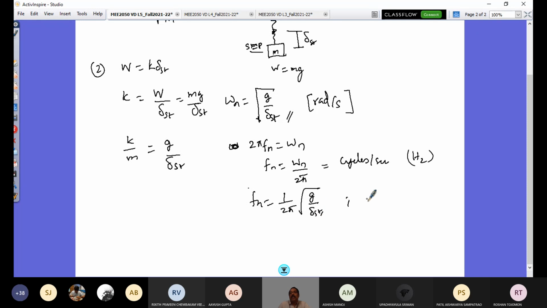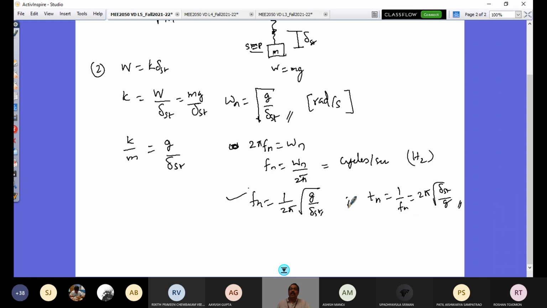If that is so, I can also get the time period of oscillation, Tn, which is equal to 1 by Fn, that's going to be 2 pi under root of delta st by g. So without knowing the mass and stiffness of the body, if the body executes the motion, and is acted upon by the force which is holding it, and gravity, the displacement is going to determine this.